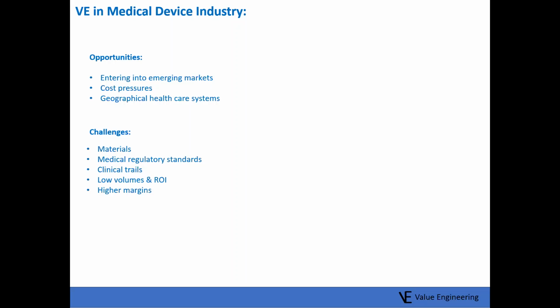And cost pressures. This is also one more important area. I can give one example. Two to three years back, the Indian government put a cap on stents. Any company should sell their stent only for 20,000 rupees. I am not exactly remembering that number, but like 20,000 rupees for one stent.